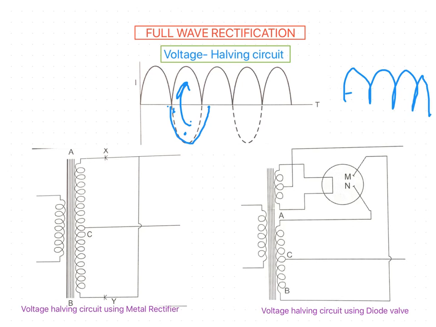First we are going to discuss the voltage halving circuit. In this circuit, either two metal rectifiers are used, or a diode with two anodes can be used. These are the two ways we can use a voltage halving circuit to get full wave rectification.